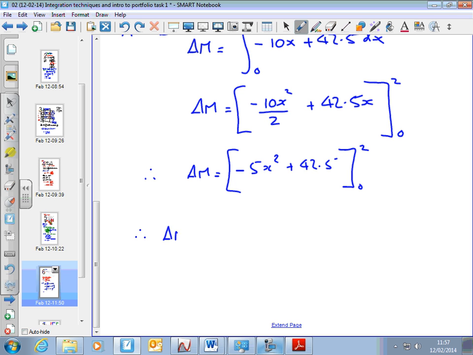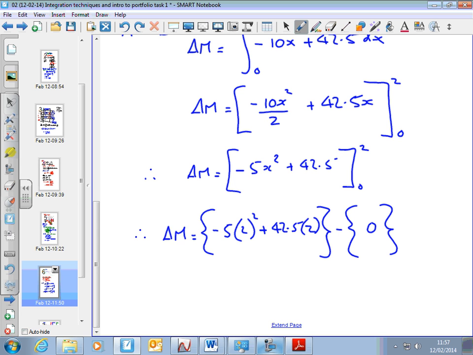And delta M equals, putting in the limits, minus 5 times 2 squared plus 42.5 times 2, minus 0. So that will actually be 0 because when x is 0, the rest of it is 0, isn't it?